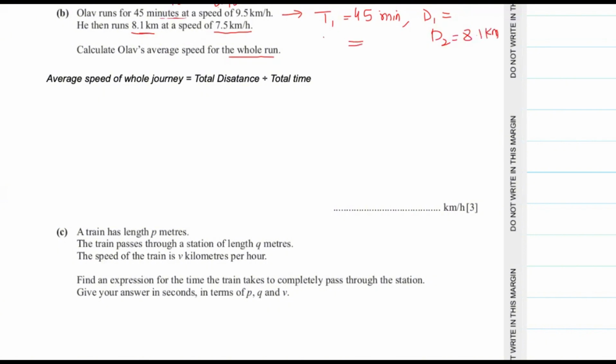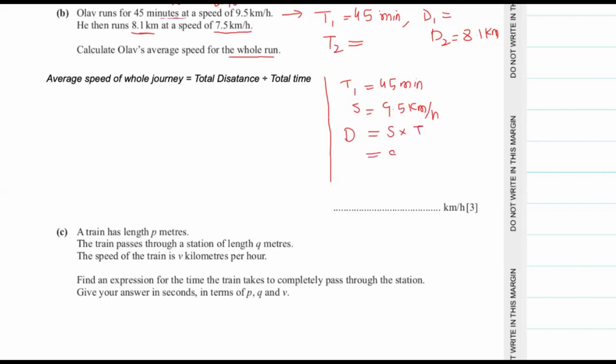This is T2. Firstly, we will calculate the distance in the first part of the journey. Look here, T1 is 45 minutes and the average speed here is 9.5 kilometer per hour, and we can calculate the distance. Distance will be equal to speed multiplied by time.